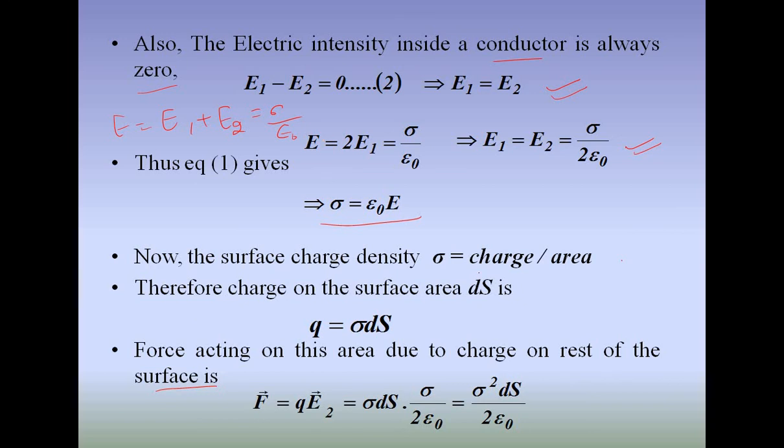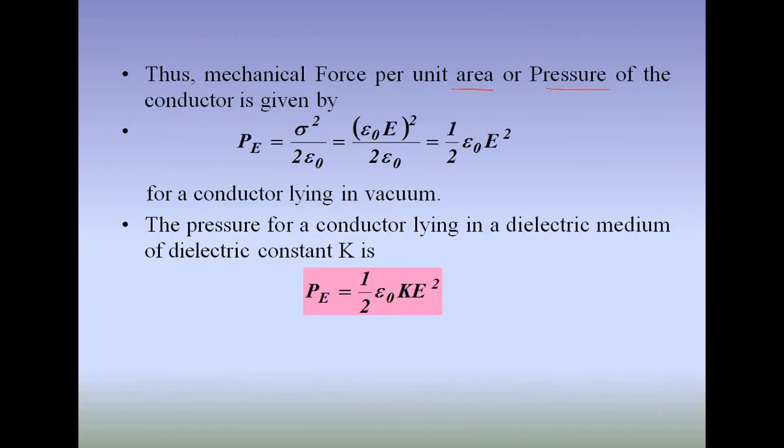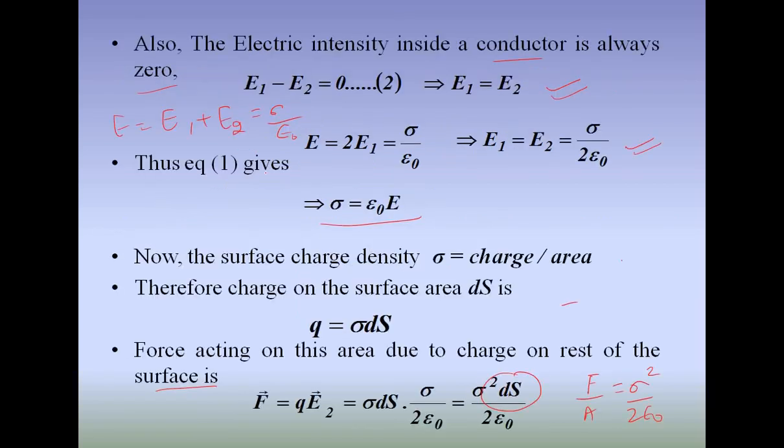Okay, because force is equal to this thing, so force per unit area will be, ये term जो है इसे ds वाला वो cancel हो जाएगा, so we will get sigma square by 2 epsilon naught. Okay, and we know the value of sigma is epsilon naught E, because here we have calculated this value.